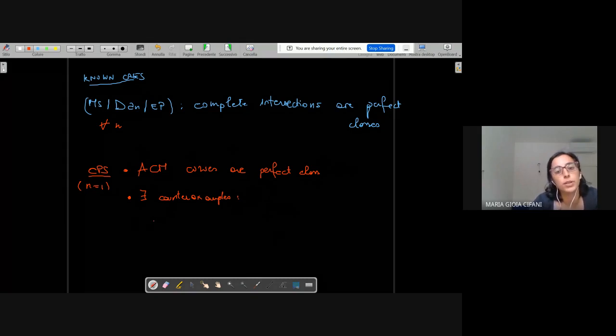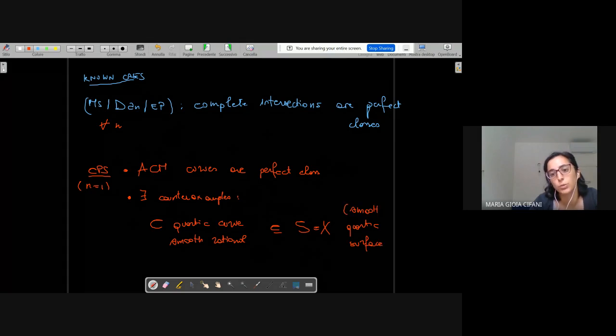Our counterexample is: C is a quartic curve, smooth and rational, inside a surface, now I write S, but it is always X, that is again a quartic surface.